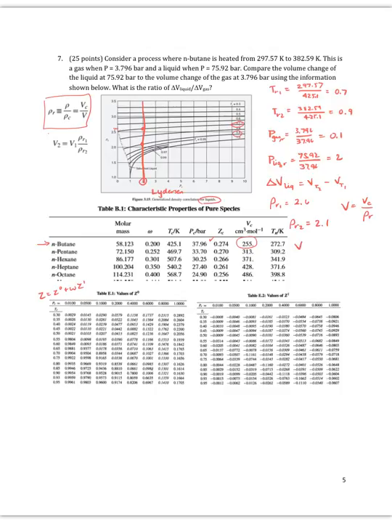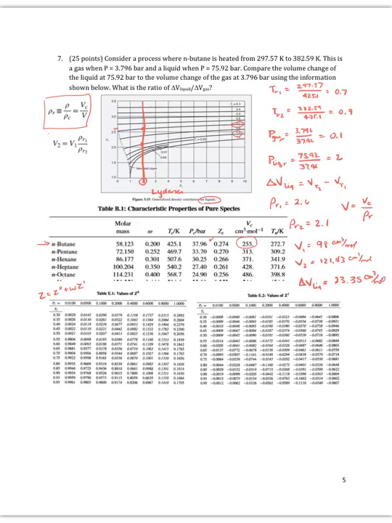And so V1 is 98 cubic centimeters per mole. And V2 is 121.43 cubic centimeters per mole. And therefore, my delta V for the liquid is 23.35 cubic centimeters per mole.